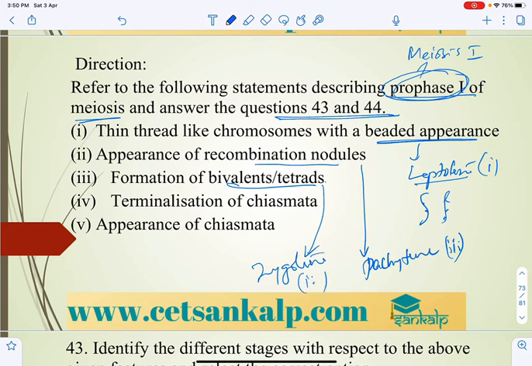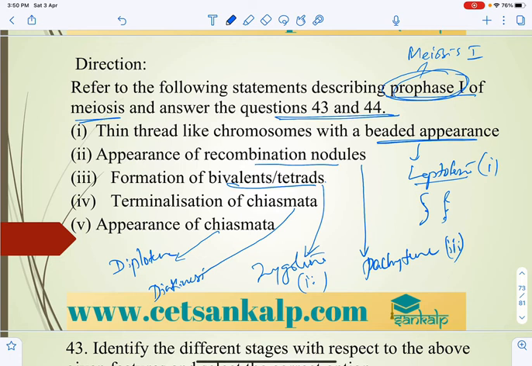Pachytene is the appearance of the recombination nodule. Then terminalization of chiasma is the fourth phase, which is diakinesis, and the appearance of chiasma is in diplotene.